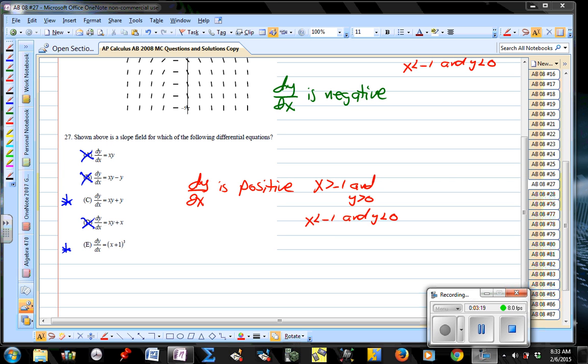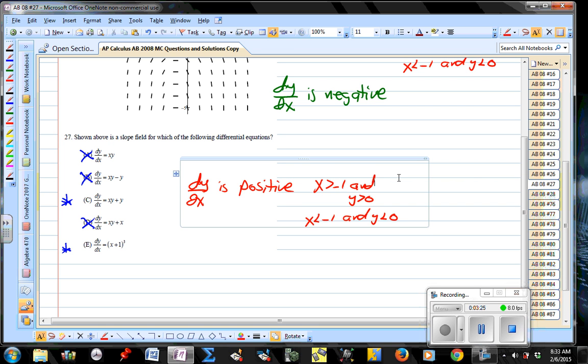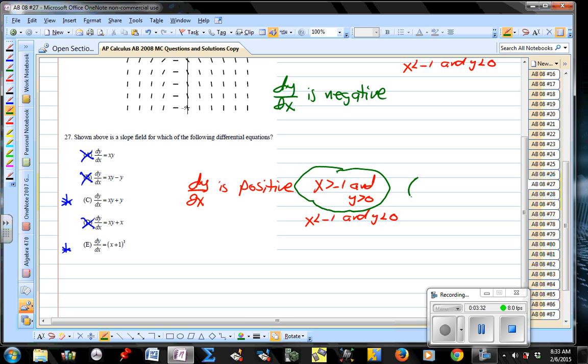Just for starters, let's pick a point that meets our criteria. So starting with x is greater than -1 and y is greater than 0, let's just pick a point there. If x is greater than -1, we could have any point. So say x is 3. If y is greater than 0, we could have any positive point, say 4.